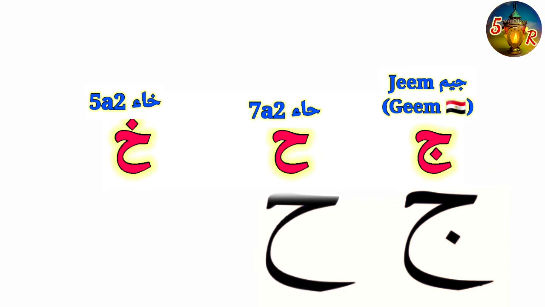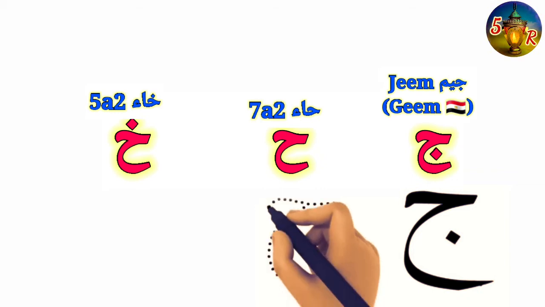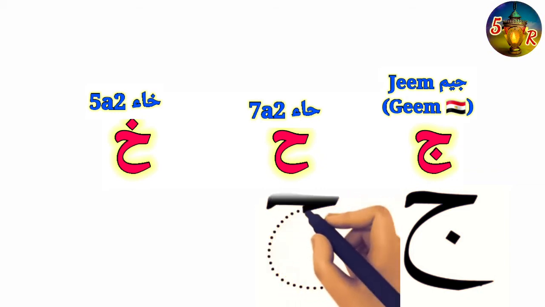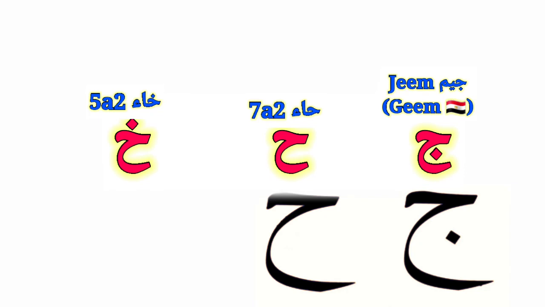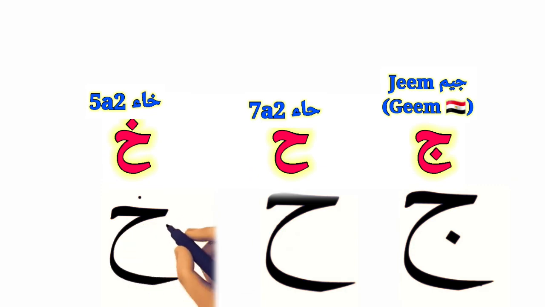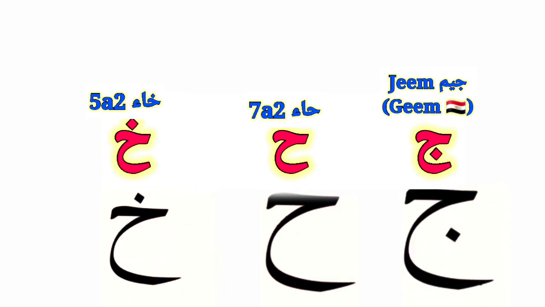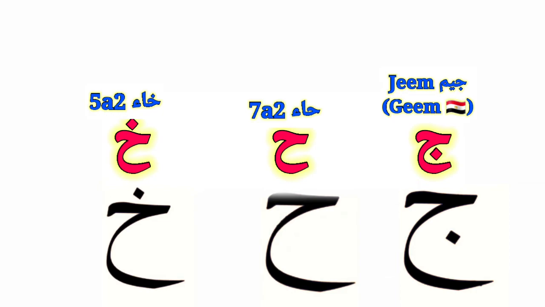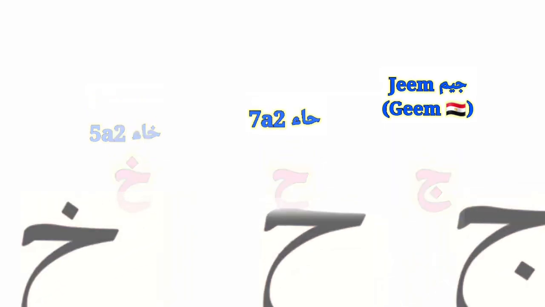This is the number 7, if you remember the video for the new sounds in Arabic. So حاء, no dots. And the last one is خا, the vibration one, the number 5, the dot on the top of it. So جيم, the dot inside, حاء, no dots, خا, the dot on the top.